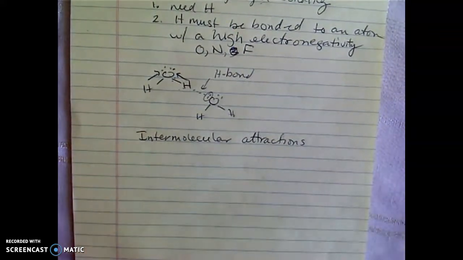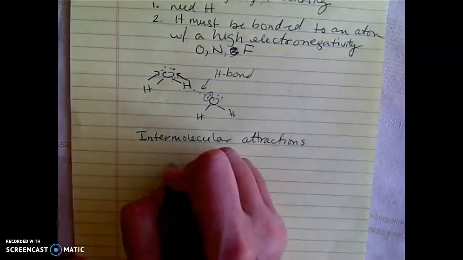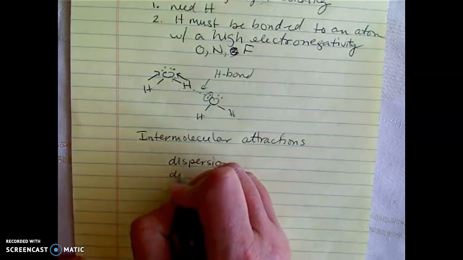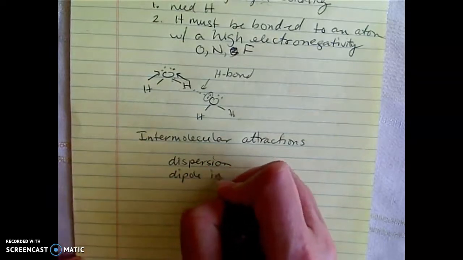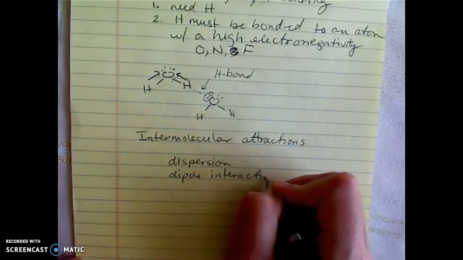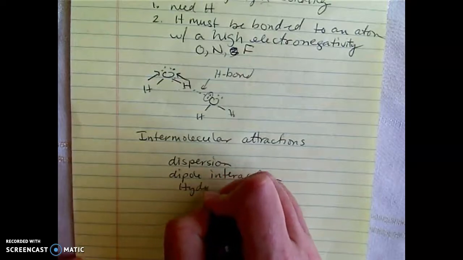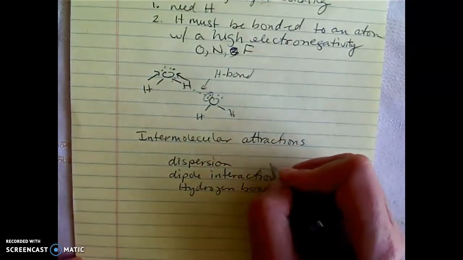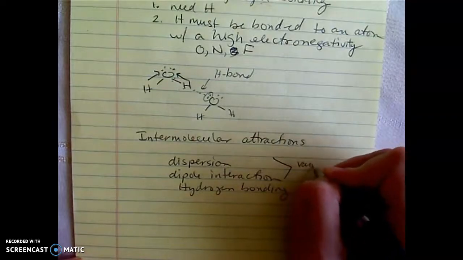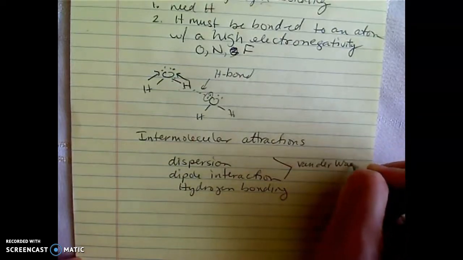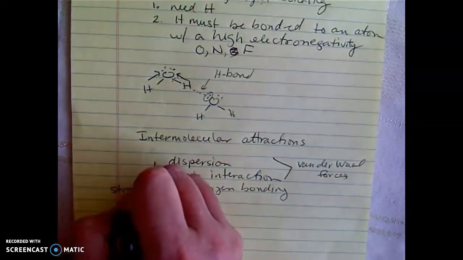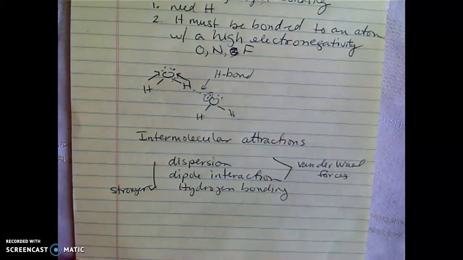When we have actual molecules, you have dispersion, you have dipole interaction, and you have hydrogen bonding. Remember, the first two are known as the van der Waals forces. And as we go down, they get stronger.